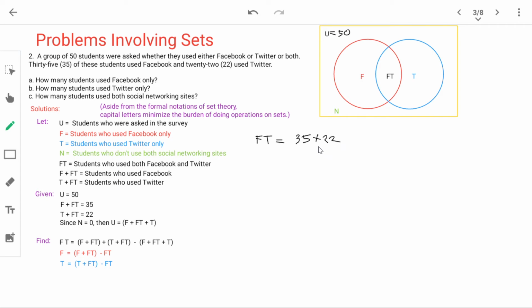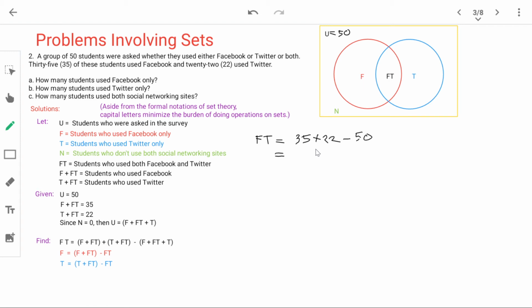Minus the F plus FT plus T. This represents the universal set, and the universal set for the number of students totals 50. So we add these two.